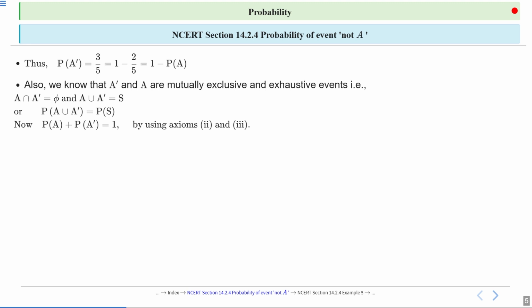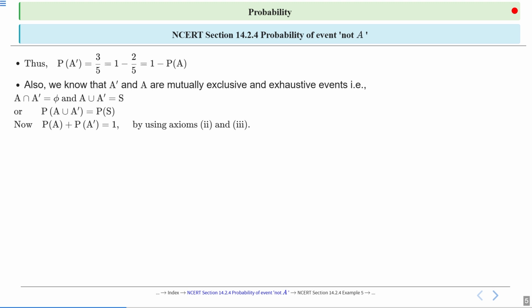So now use axioms 2 and 3. Try to remember axiom 2. In axiom 2, we have seen that the sum of the probability of each outcome is always 1.